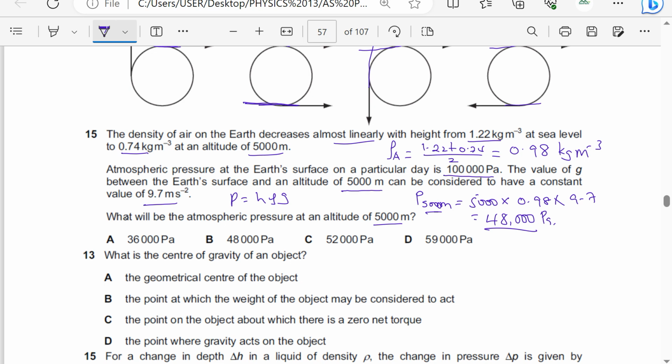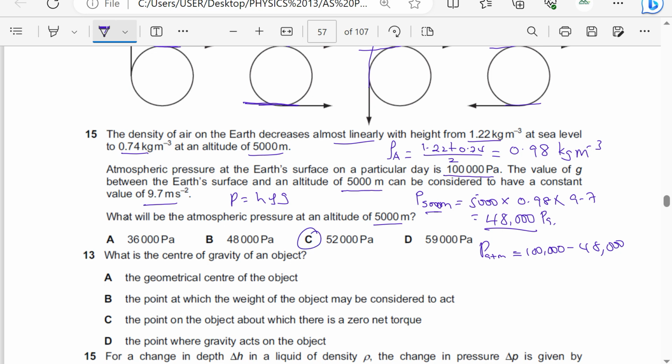So we shall just subtract: 100,000 minus 48,000. And I think the answer is going to be 52,000. So the answer is C.